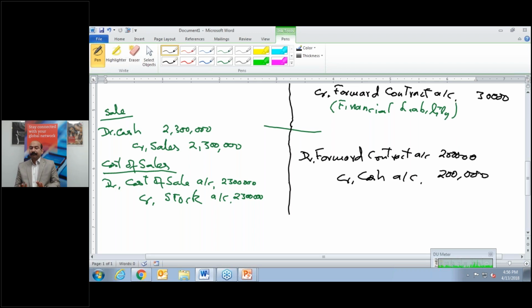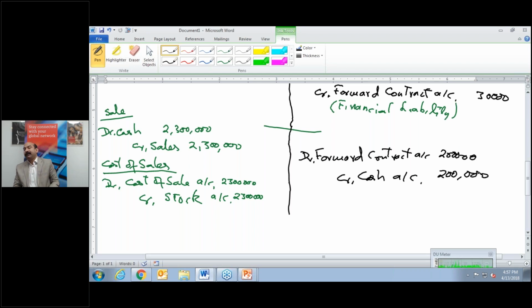See, note that because the fair value of the material rose, ABC Limited made a profit of only 100,000 on the sale of inventories. Without the forward contract, the profit would have been 300,000. You sold stock at 2.3 million, and its cost was 2 million.